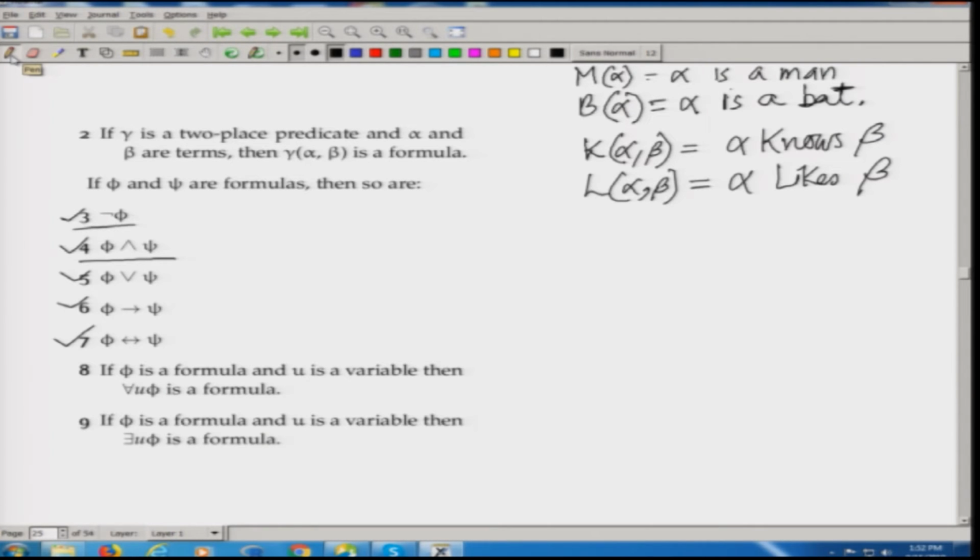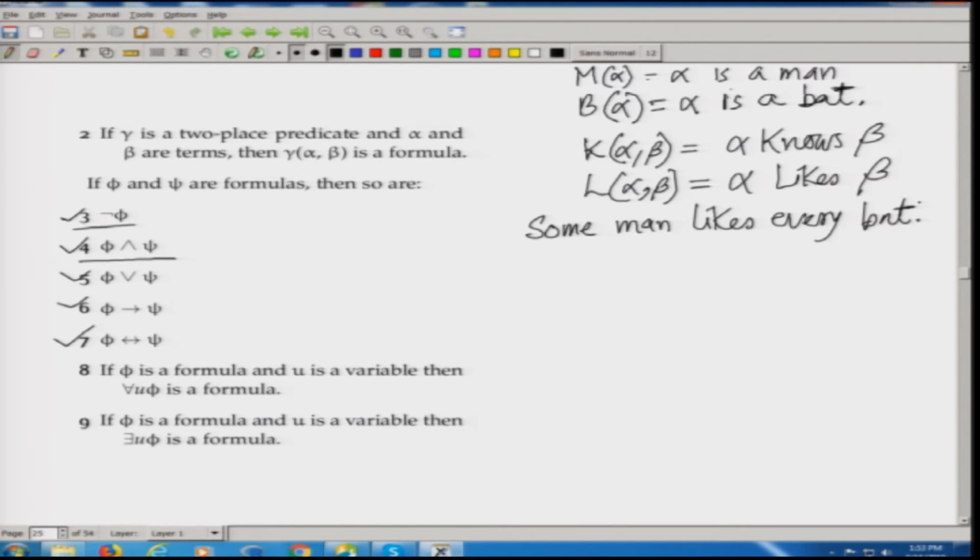given here. For example, I want to say that some man likes all bats, or some man likes every bat. How do I translate? My sentence is some man likes every bat. Can I translate it? I translate it this way.